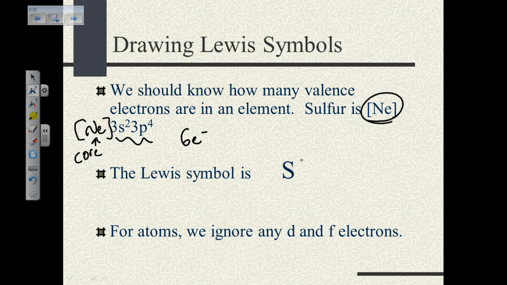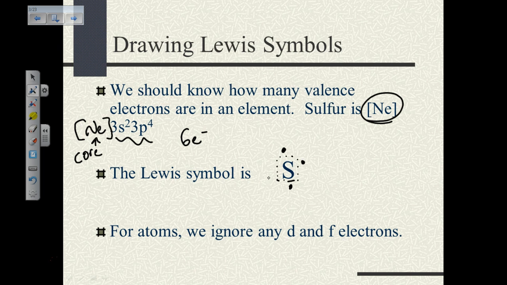Okay, and so in order to do this, I'm going to put 6 electrons around sulfur. And what we do is we imagine sulfur is in a box. It's not really in a box, but imagine. That box can hold 2 electrons on each side. But we're not going to put 2 electrons on each side to start with because, remember, Hund's rule says that electrons don't want to pair unless they have to.